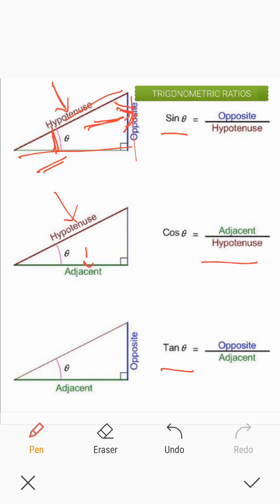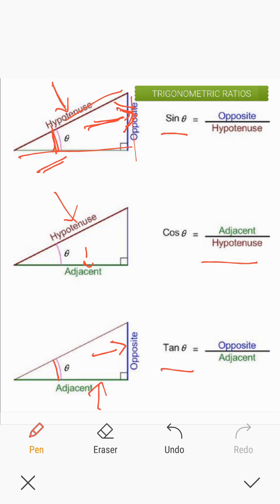And the third ratio is tan theta. The tan ratio is the opposite side of angle theta divided by the adjacent side of angle theta. With respect to angle theta, we have written these 3 very important ratios, and the remaining 3 ratios are the reciprocals of these 3.